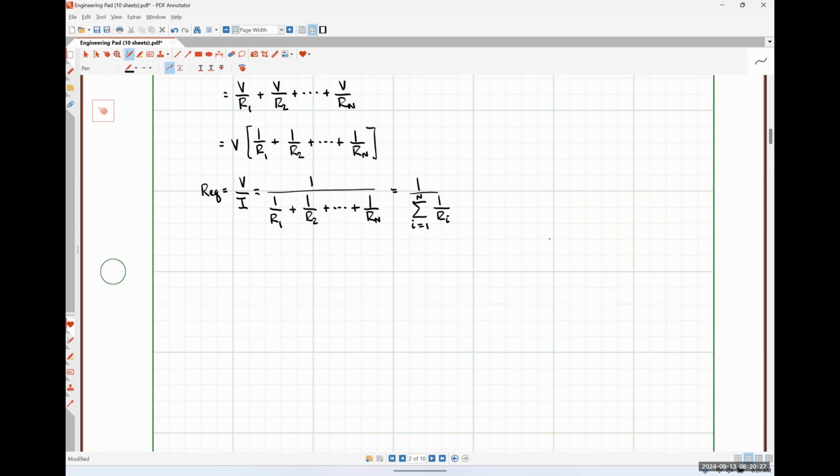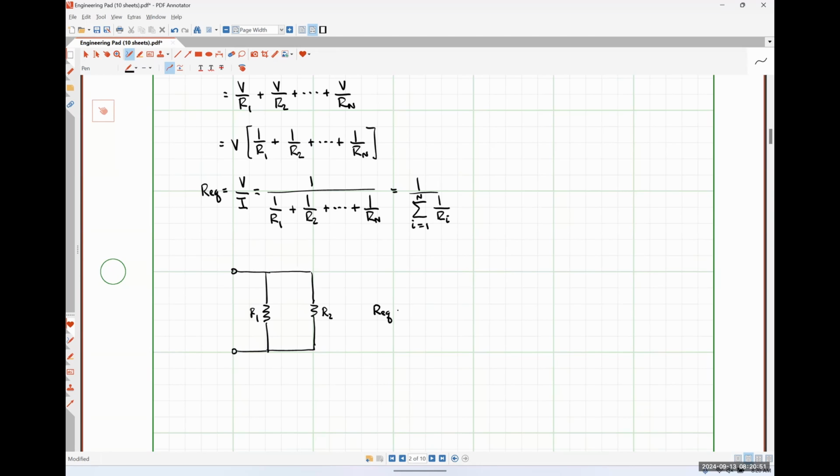Okay. So let's say that I have a network containing exactly two resistors in parallel. So let's call this one R1 and this one over here R2.